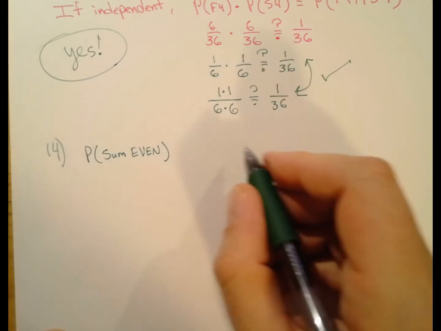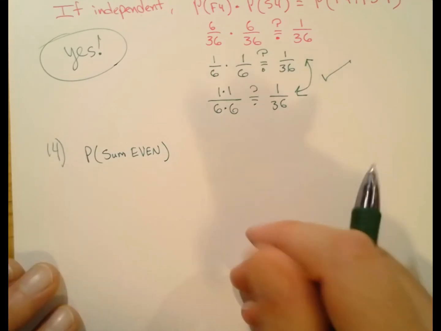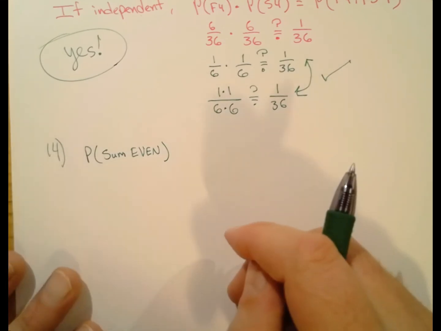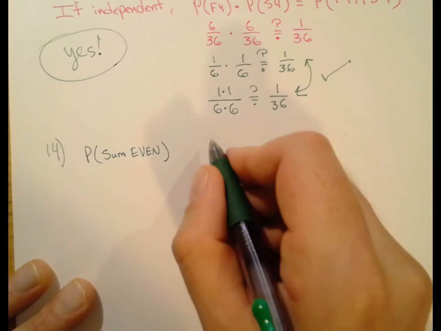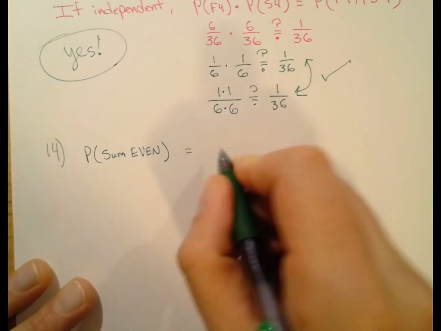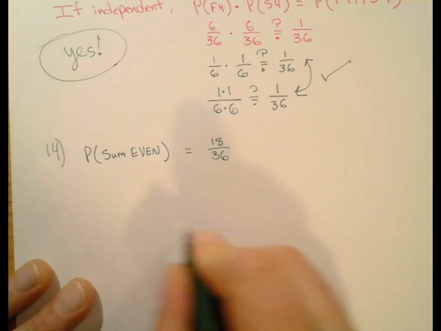Okay, and if you added all of those up and then counted, the probability of the sum is even, by the way, which is problem number 10, is 50%, or 18 over 36.